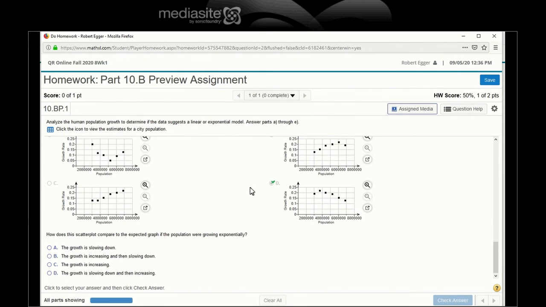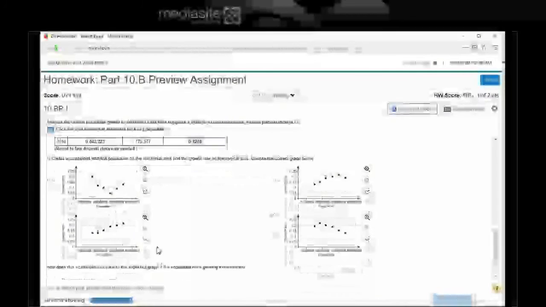How does the scatter plot compare to the expected graph if the population was growing exponentially? The growth was increasing and then slowing down. The growth is increasing, growth is slowing down, then increasing. The growth is slowing down.